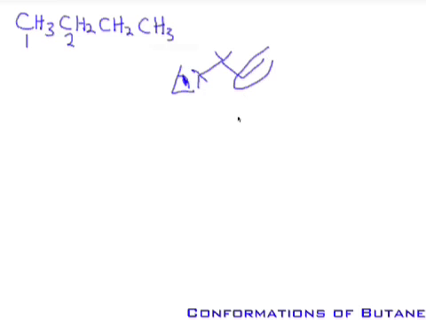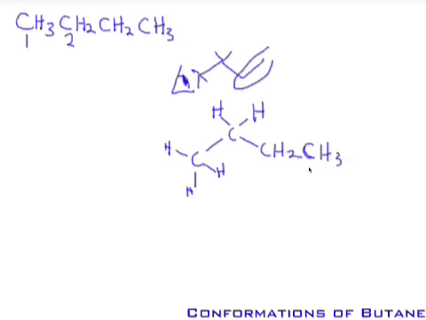Let's draw that. If I draw my butane like this, and you were to look down the carbon 1,2 bond, the front carbon is going to have 3 hydrogens. The back carbon is going to have 2 hydrogens and an ethyl.